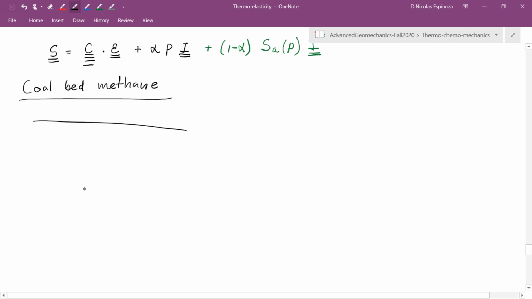So let's draw this coal bed at some depth. Usually these coal beds are naturally fractured so that they have a high permeability even without doing any hydraulic fracturing.